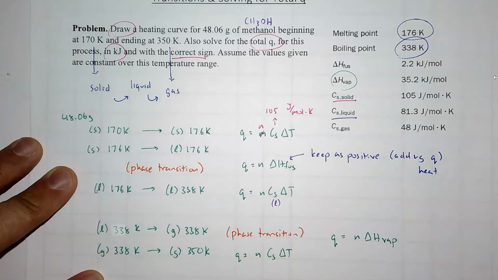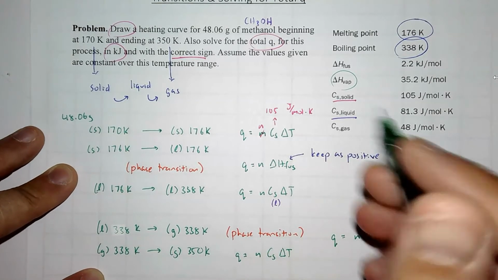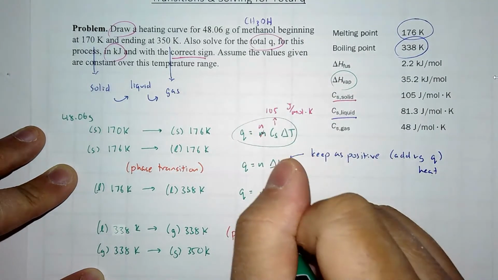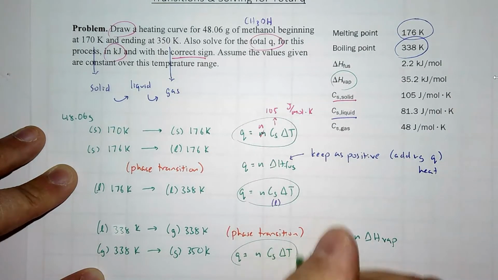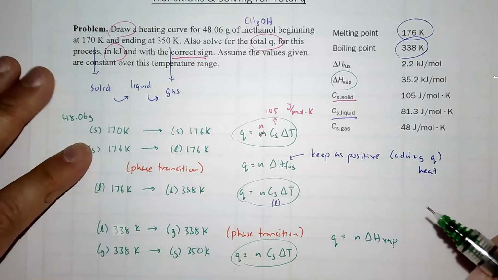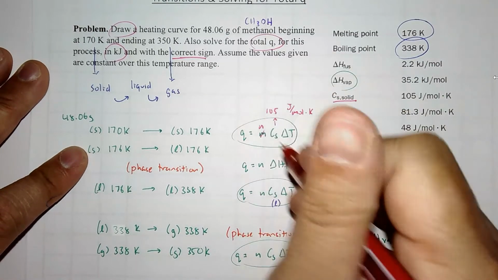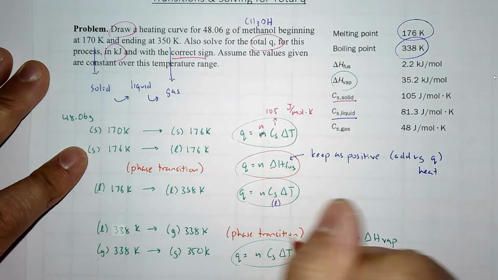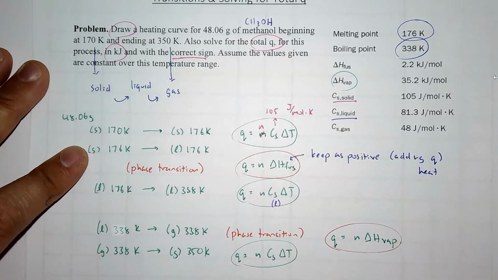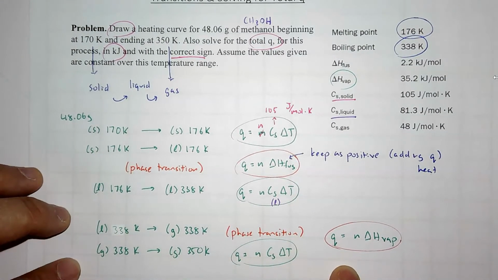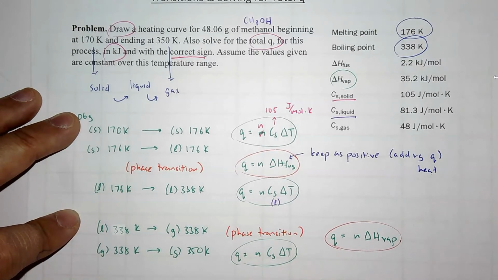So I haven't talked much about these delta T's. The delta T's are where? When you're changing the temperature of a specific phase, and where are your phase transitions? Here, where you're keeping the temperature constant, but you're adding heat to change the state of the substance.